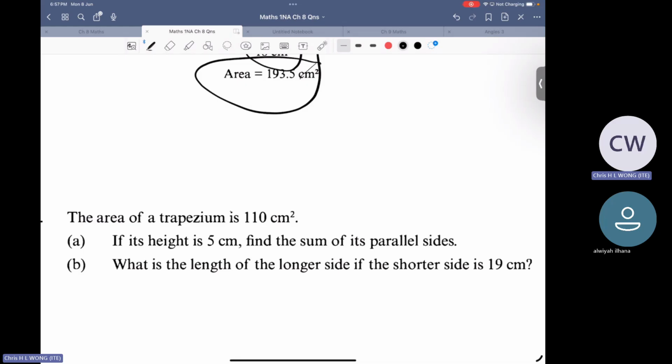If I draw for you, okay? The trapezium is 110, but I have given you the height. I didn't give you the parallel sides. This is A and B, isn't it? A plus B, right? So I draw.